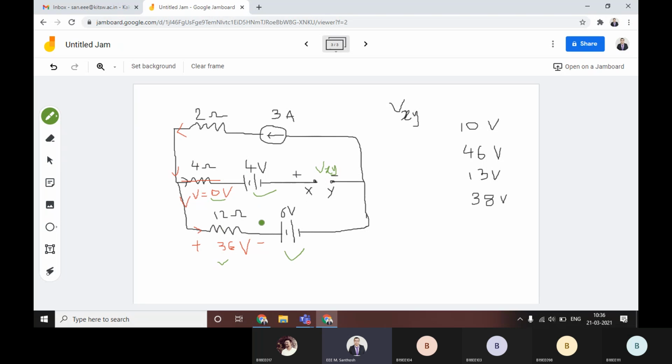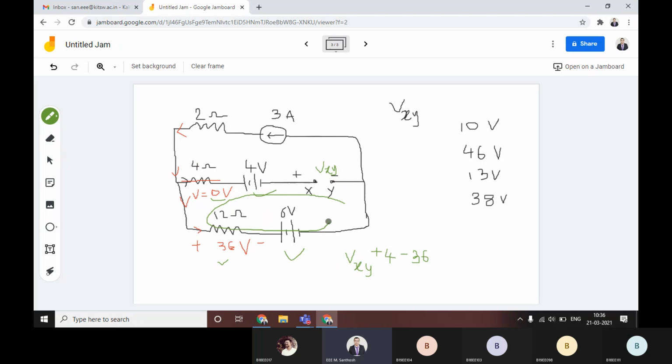Each and every voltage you have to apply in the loop equation to find the value. First I am getting Vxy, then I am writing from there. Then this is with the negative sign. Opposite we have to take. I told you already. This is plus 4, and this one is 36.